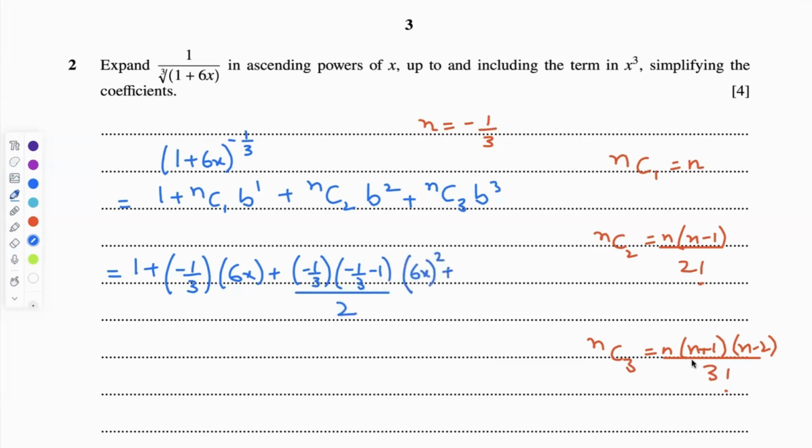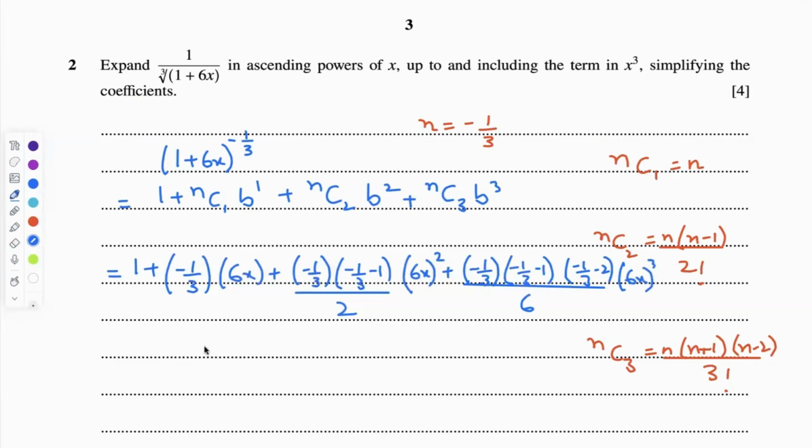And finally, nC3, which is n into (n minus 1) into (n minus 2). So we'll write it as minus 1 upon 3 into (minus 1 upon 3 minus 1) into (minus 1 upon 3 minus 2) divided by 3 factorial, which is equal to 6. So this will become 6. And we'll multiply it by b cubed, which is (6x) whole cubed.